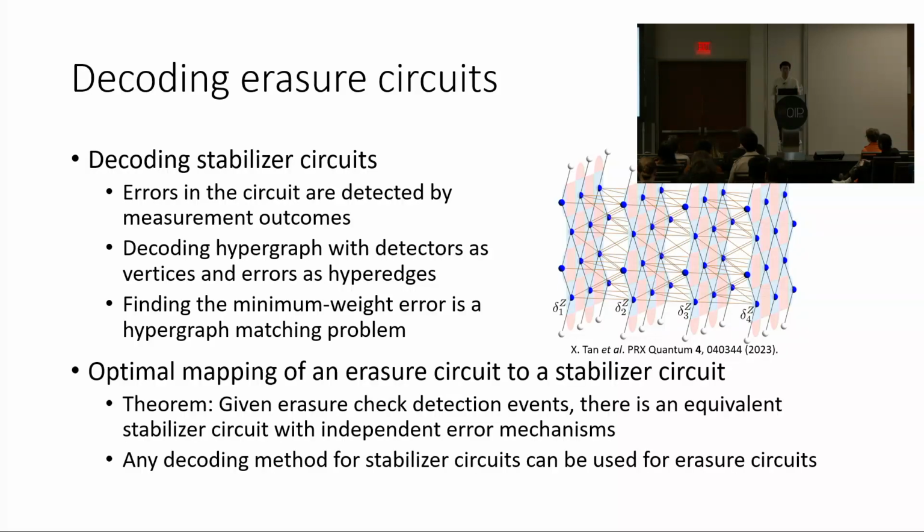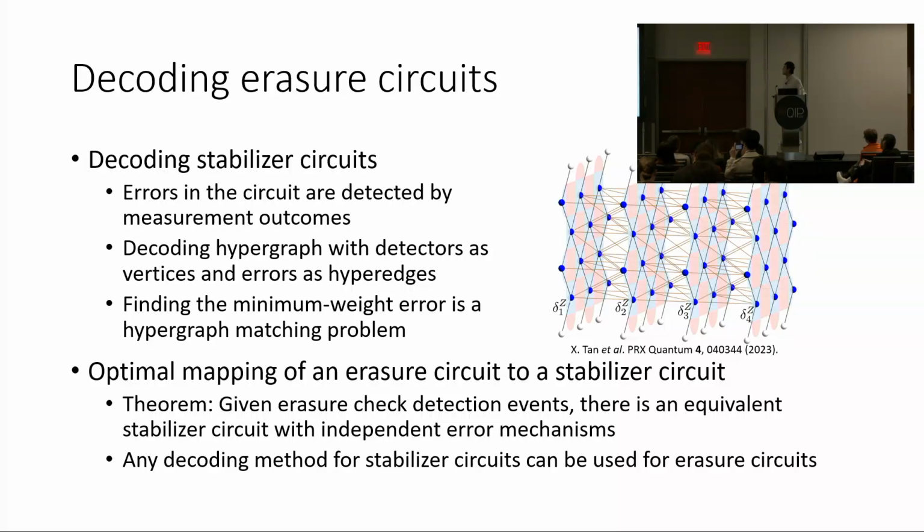So the way that we imagine decoding erasure circuits is to actually convert it into a stabilizer circuit. So we prove a theorem that says that if we have any pattern of erasure check detection events, we can always map it to an equivalent stabilizer circuit with independent Pauli error mechanisms.